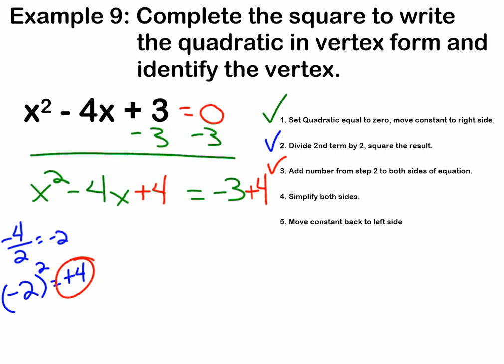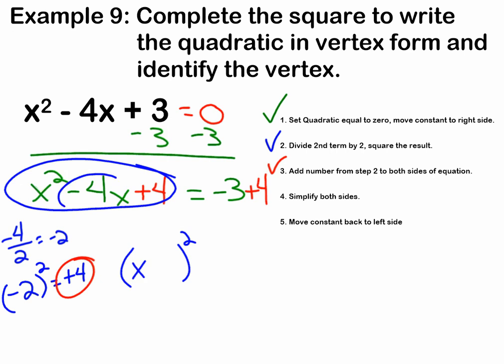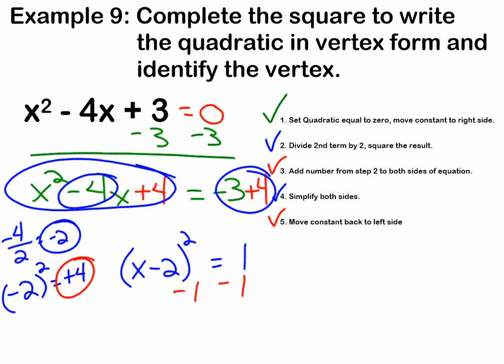Now we're going to simplify. On the left, we completed the square. Careful here in the fact that negative 4 divided by 2 is actually negative 2. And that equals negative 3 plus 4, which is going to be positive 1. That's step number 4. And step number 5, subtract the constant to move it to the other side.